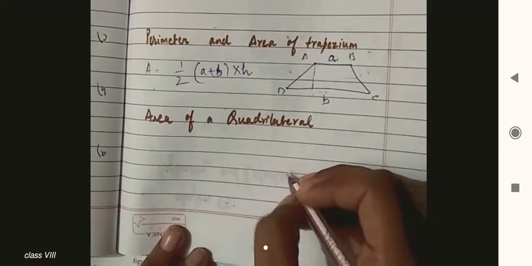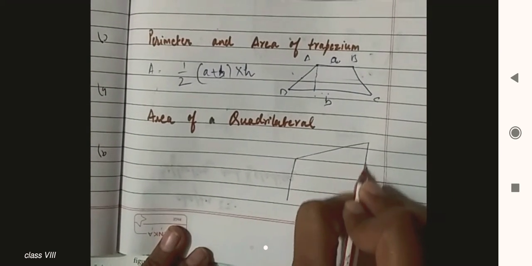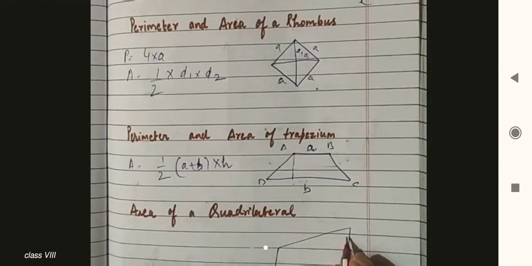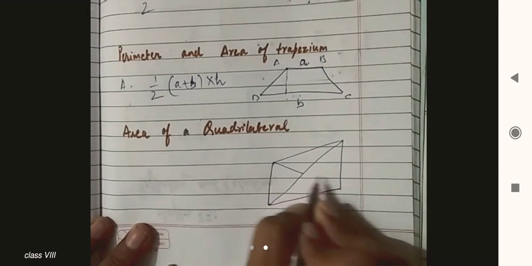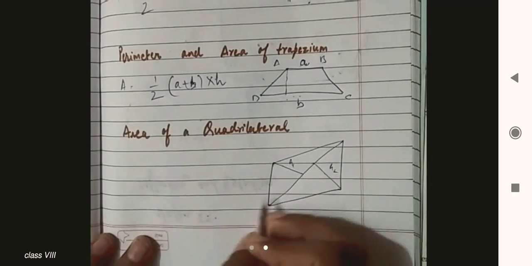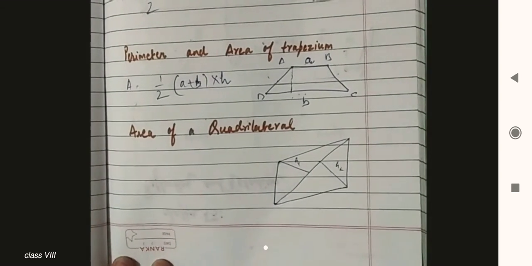Now suppose you have a quadrilateral like this. Suppose this is one height and this is another height, h1 and h2. How will you find the area of this special quadrilateral?